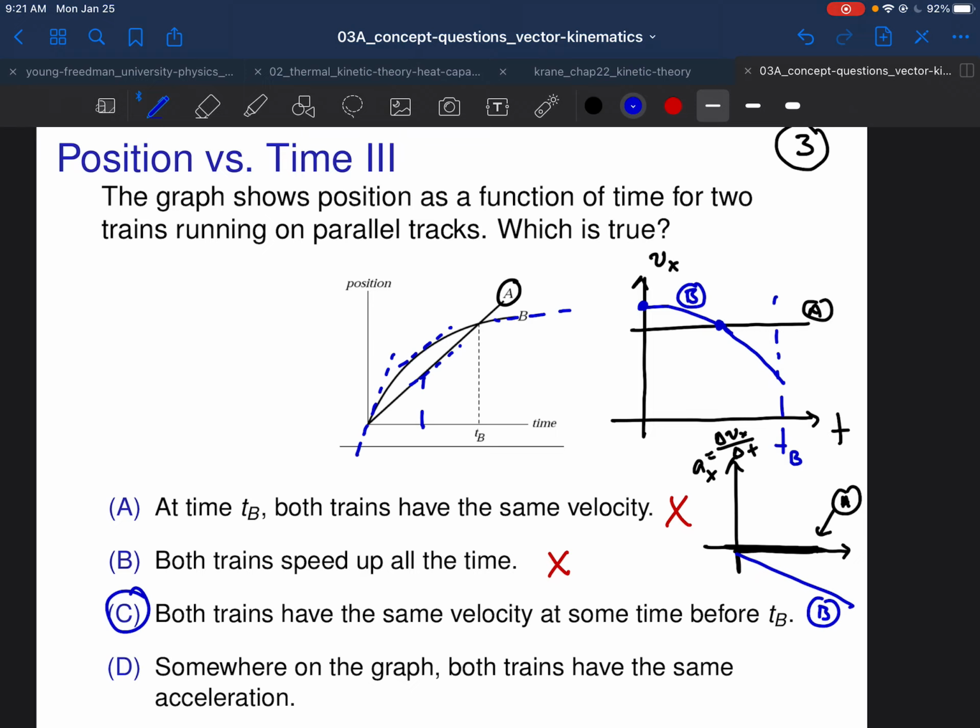So do they have the same acceleration? I don't think that they do. On my plot, it looks like they have the same acceleration at time zero. But that's because I drew this completely flat here, and there was no real good reason why that should be flat, because it's not like the slope was the same from one moment to the next.